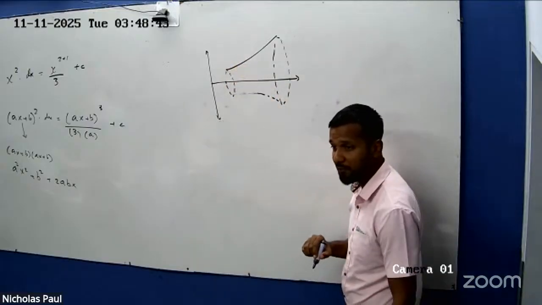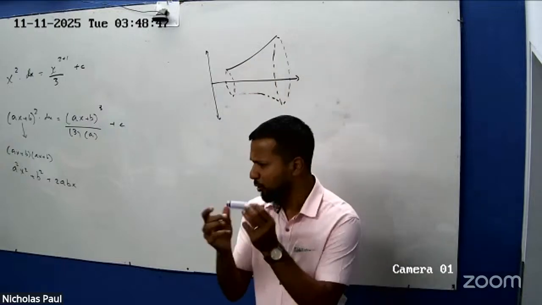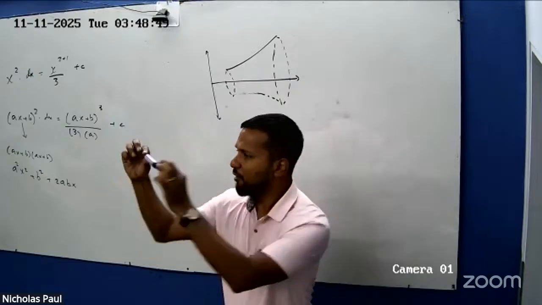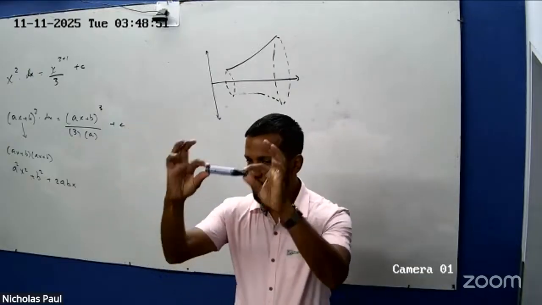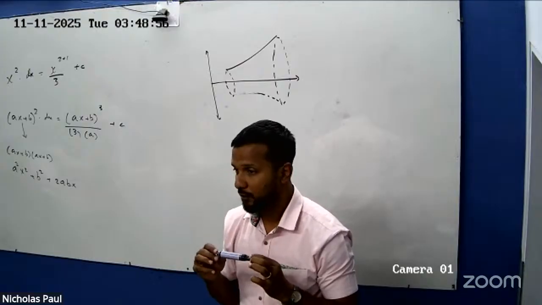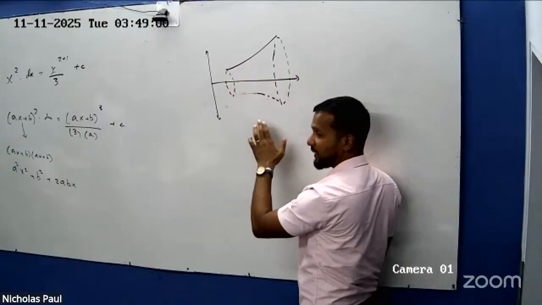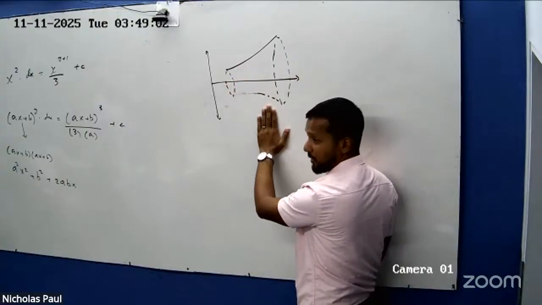If I rotate this straight line 360 degrees, what are we creating? A cylinder, right?